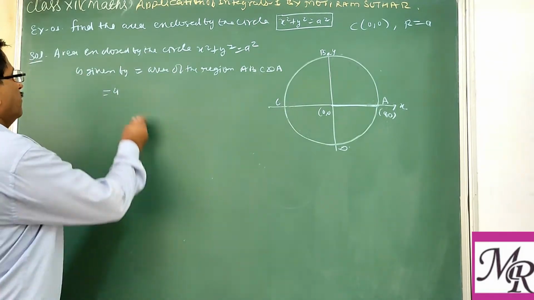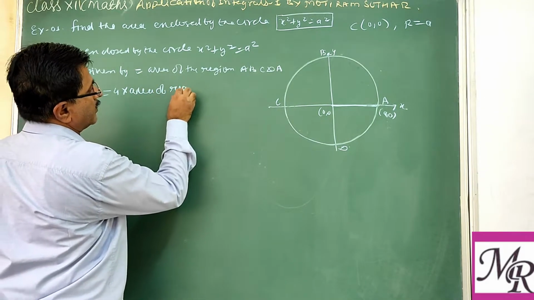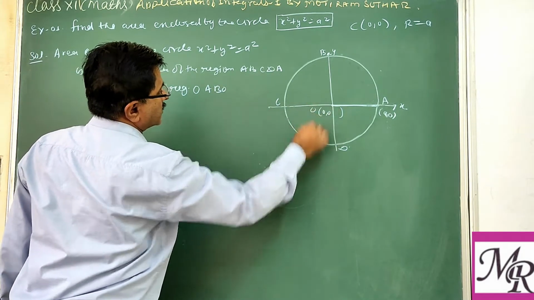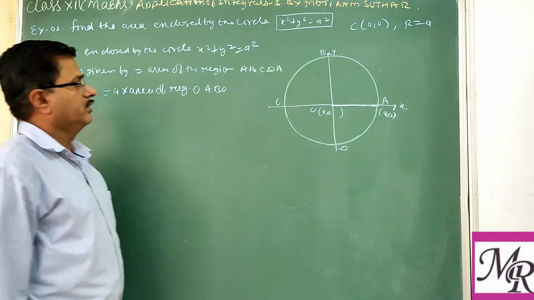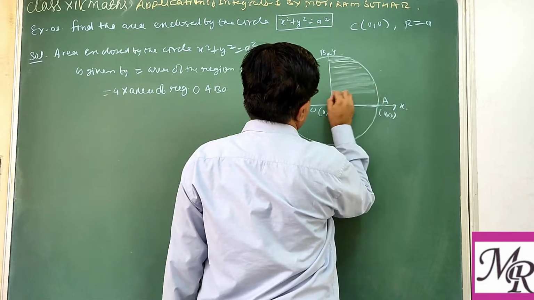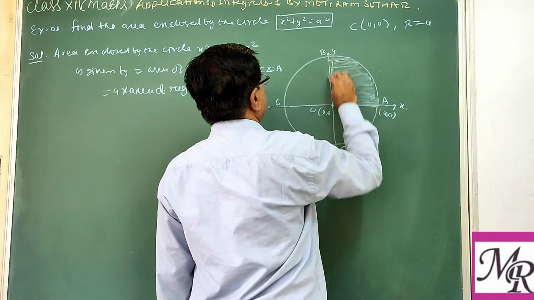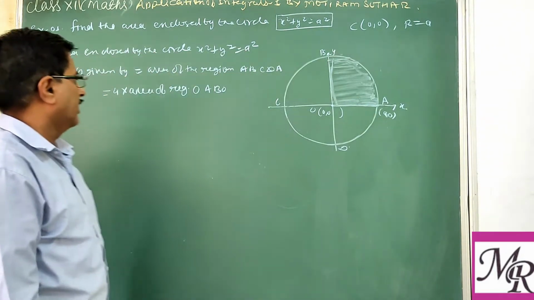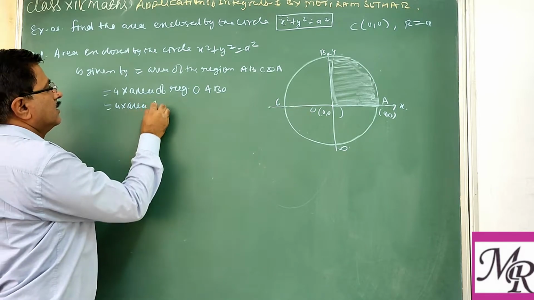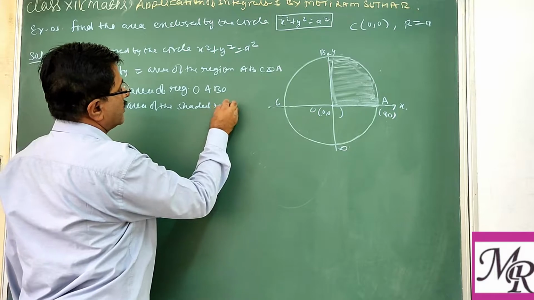So we may say 4 into the area of region OABO. You may also make this a shaded region. If we know this elementary area, then we multiply by 4 and get the required area. So we write 4 into the area of the shaded region.